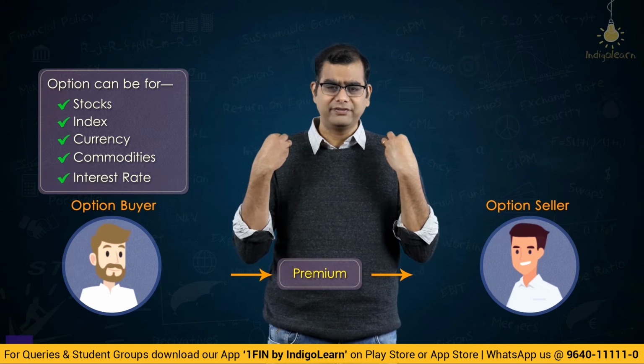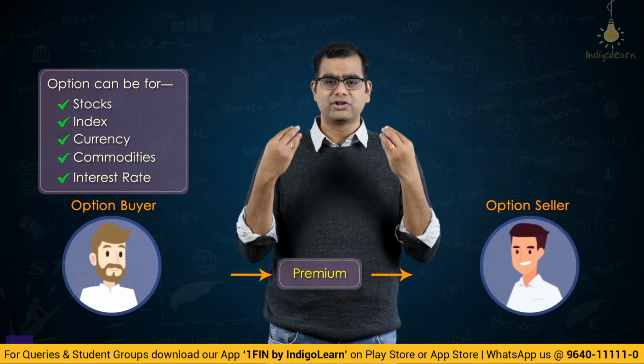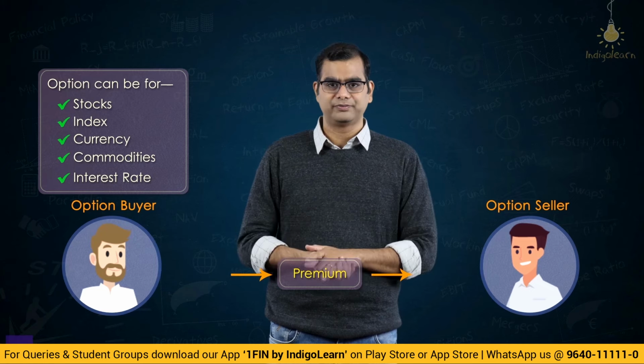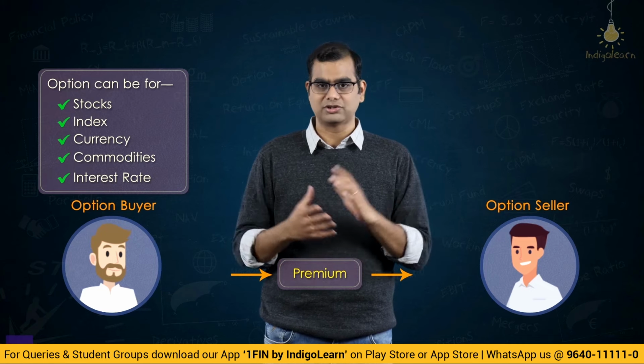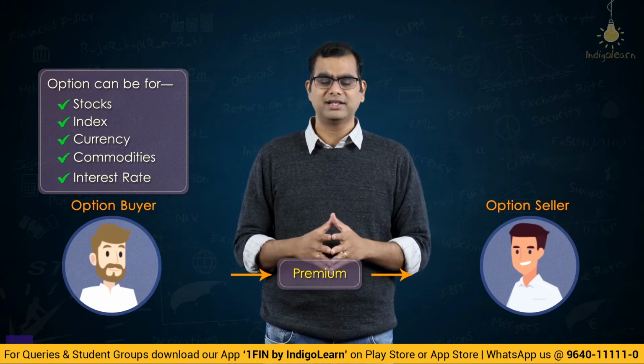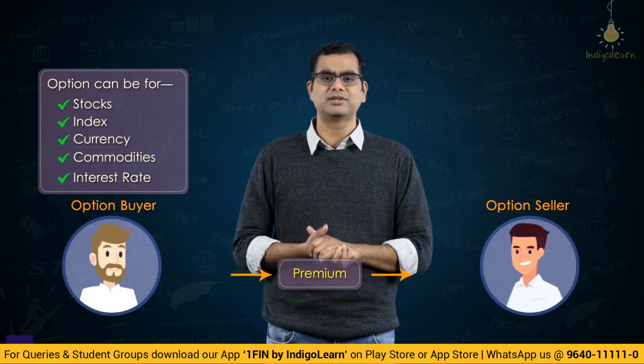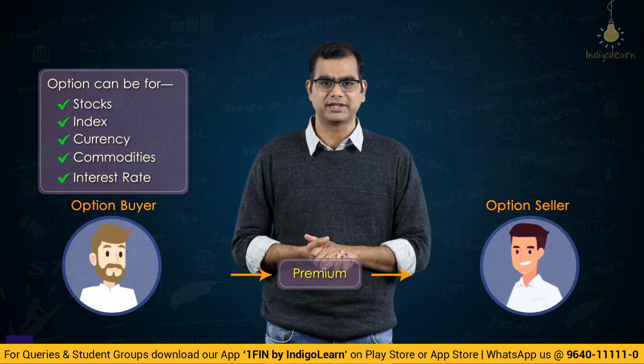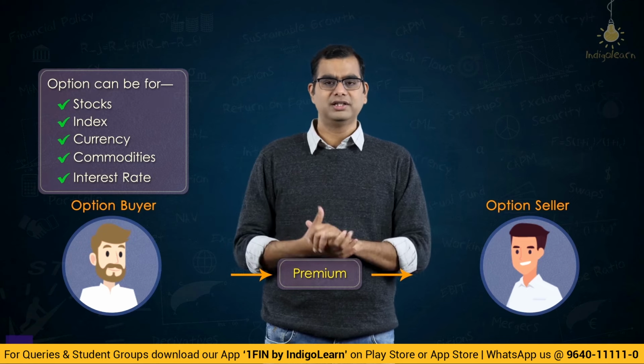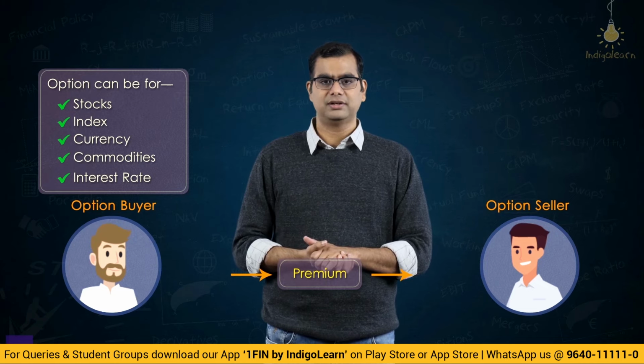For every single financial security or instrument, you can create an option. And as I said, you can have real options also. What real options are is not covered in our syllabus, but you can just search about it and Google it, you will find out. It's a very interesting thing, right?